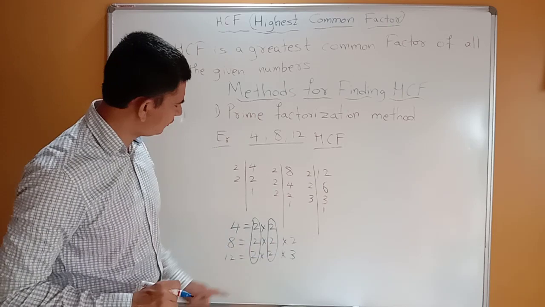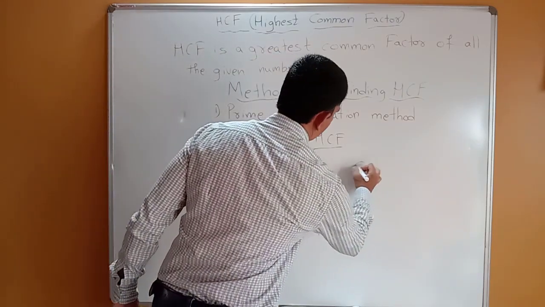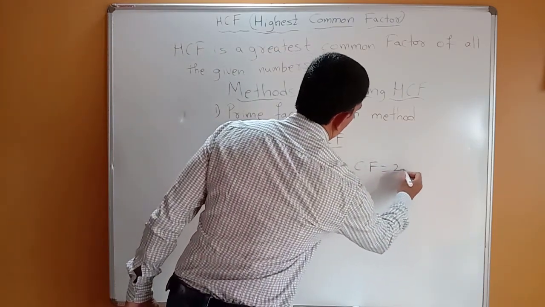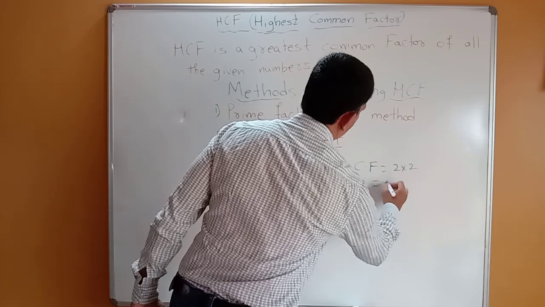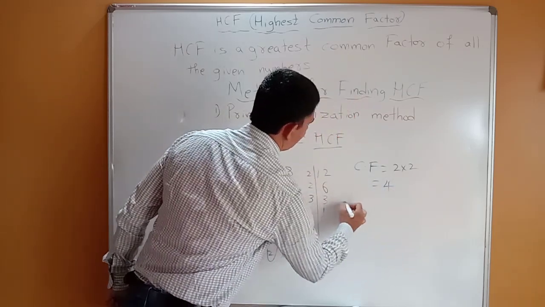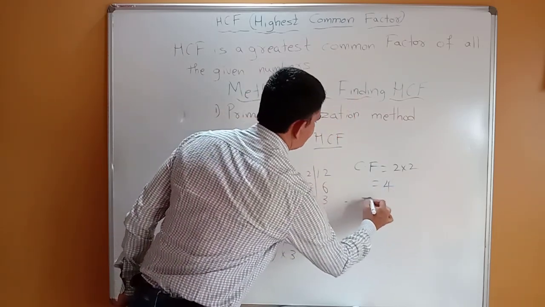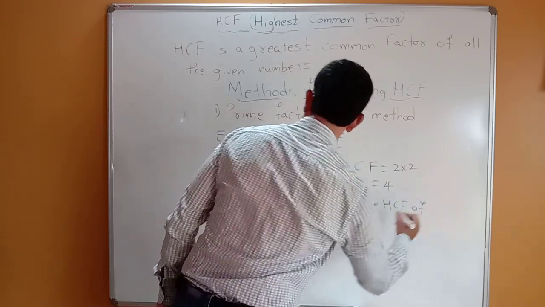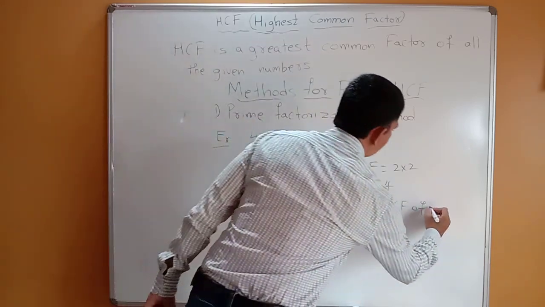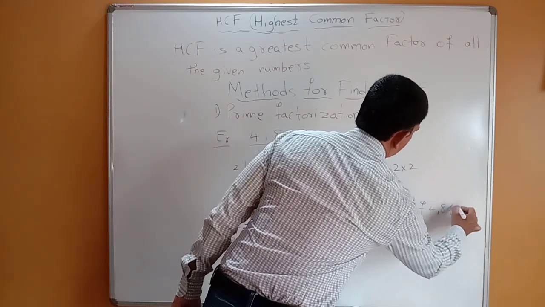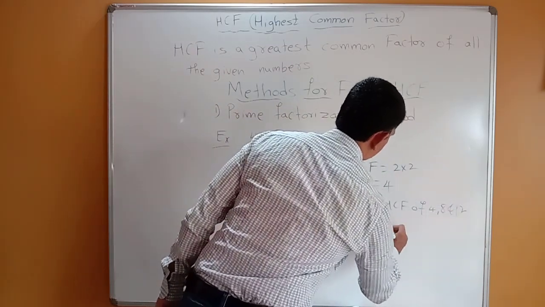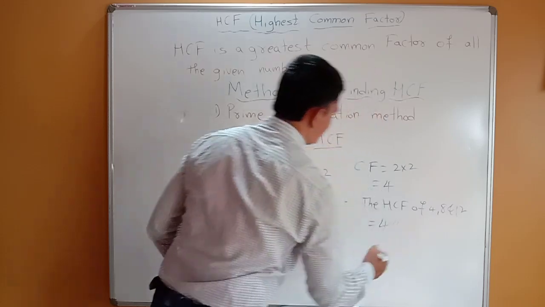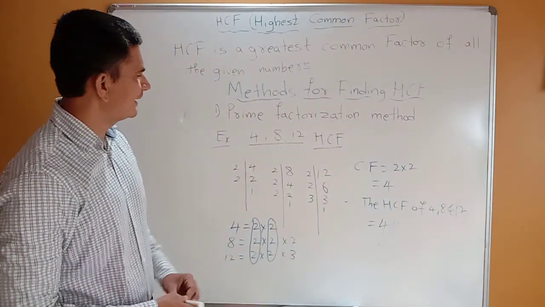So here we got only two 2s. We write the common factors: 2 into 2. Therefore, the HCF of 4, 8 and 12 is equal to 4. The answer is 4.